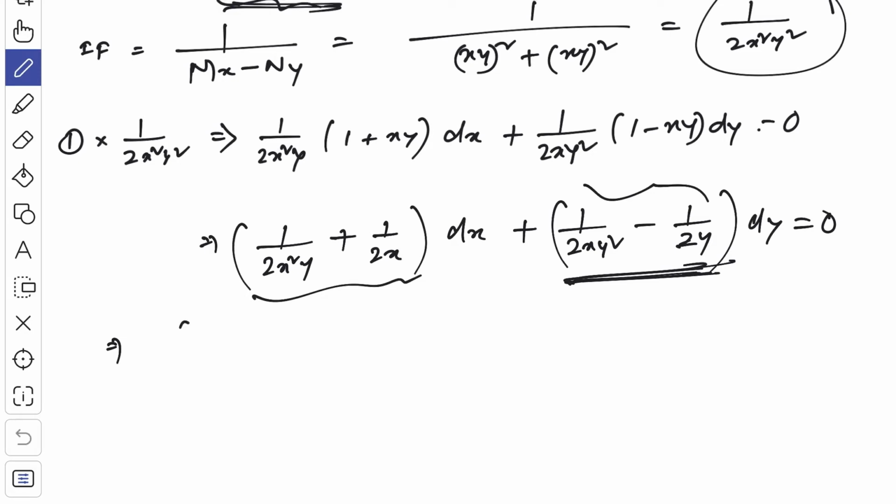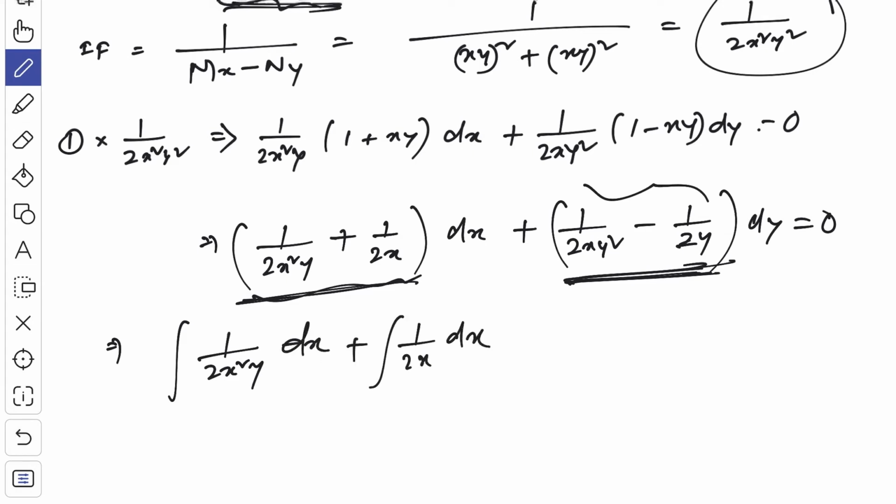So first integrate the first part with respect to x, plus integration of 1 by 2x dx, then here we will take only the term not containing x, that means minus 1 by 2y.